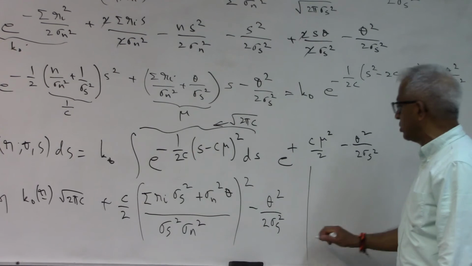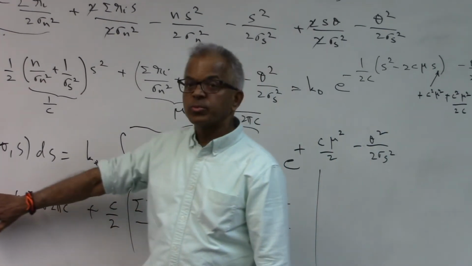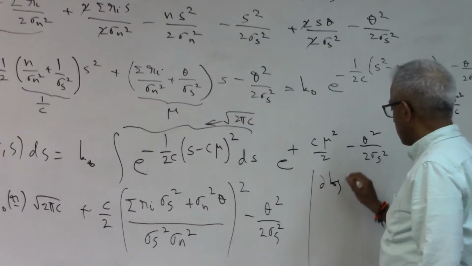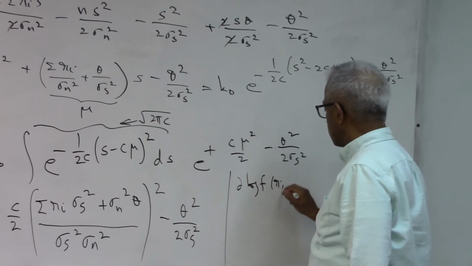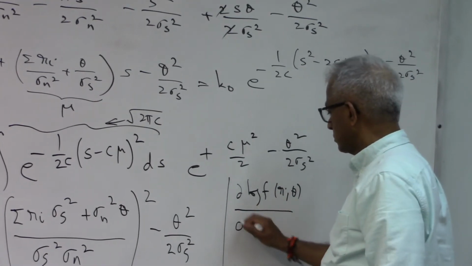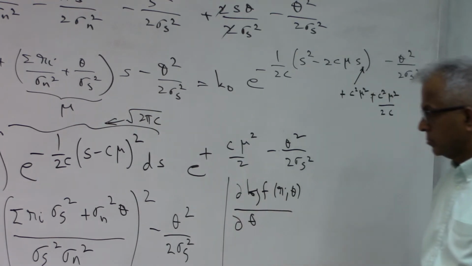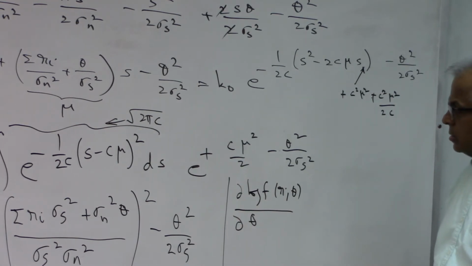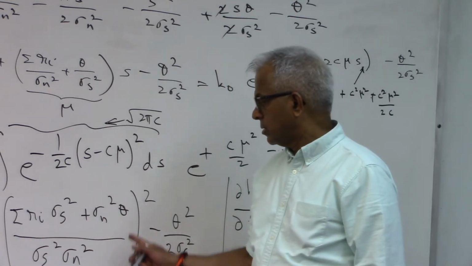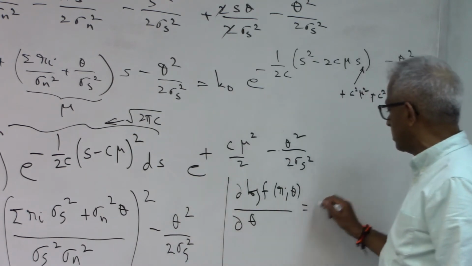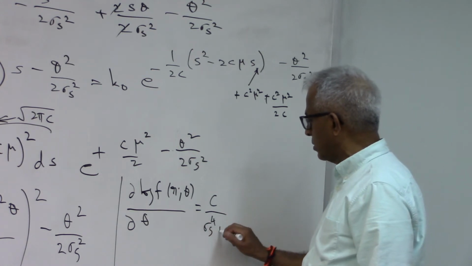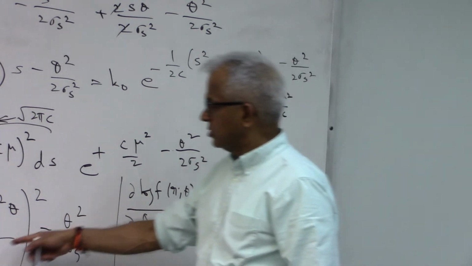I'm going to take the derivative of this twice. So derivative of this with respect to theta, there is nothing here. So d log f of r comma theta is what? This 2 and 2 will cancel when you take the derivative, right? C will remain the same, so you get a C over sigma S4, sigma N4. This is a constant, so that goes.